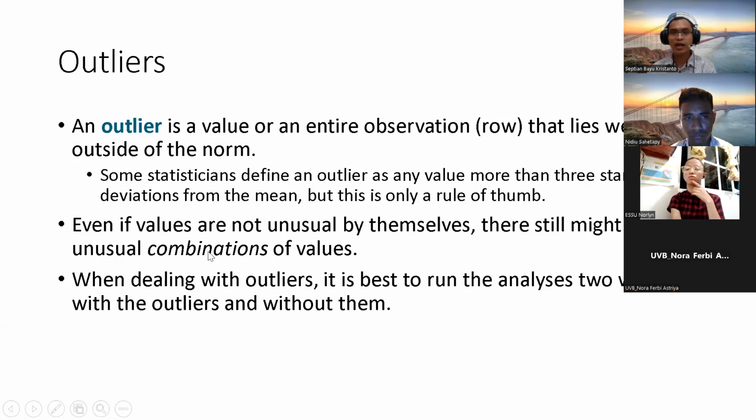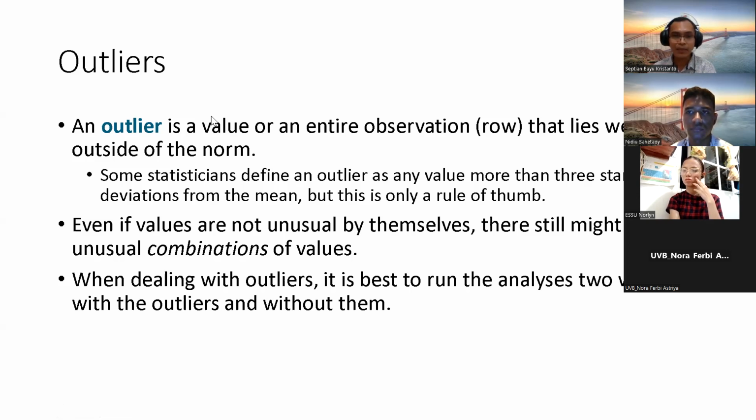Why is it called unusual? Because every data set contains outliers, but we can deal with them. If the outlier is not ruining your data or crashing your decision making, you can include the outlier.